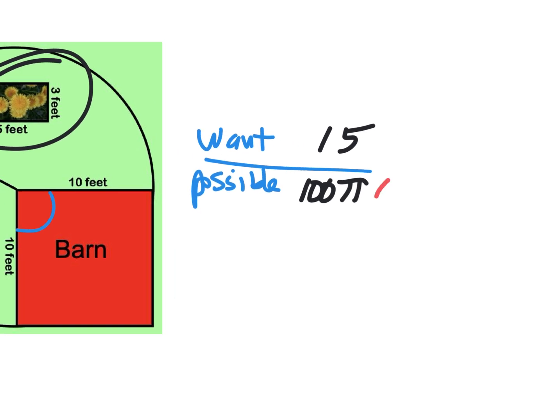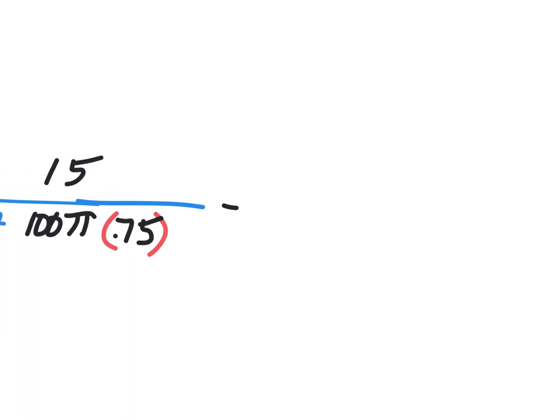What's the math way to do that? Multiply by 0.75 would totally work. Now, if I just multiply that 0.75 times the 100 in my head, I can do that, right? Jonathan, what should I simplify my fraction to? 1/5 pi.